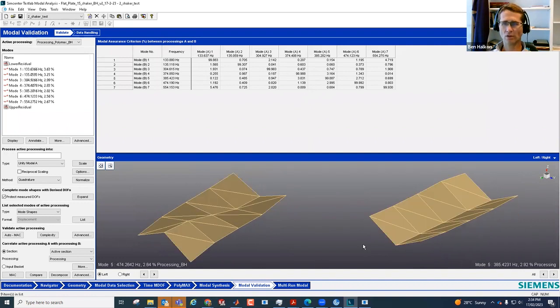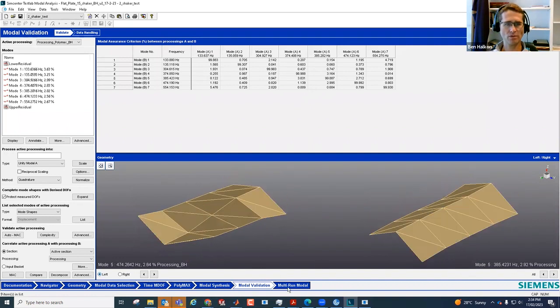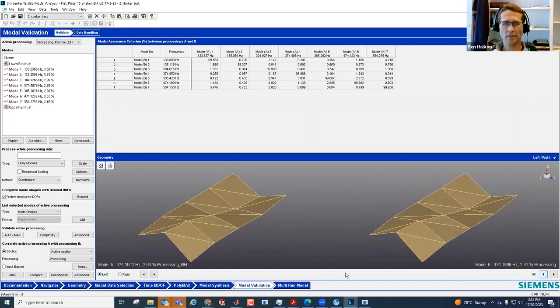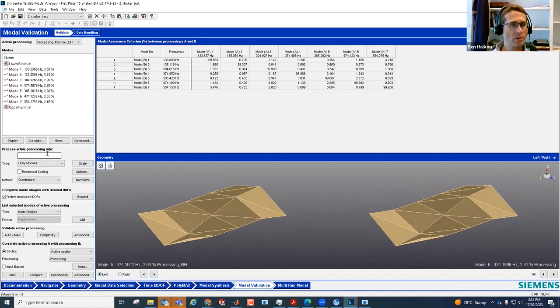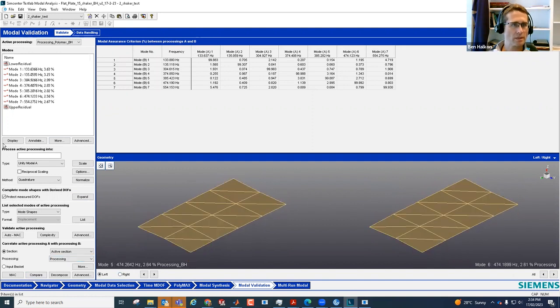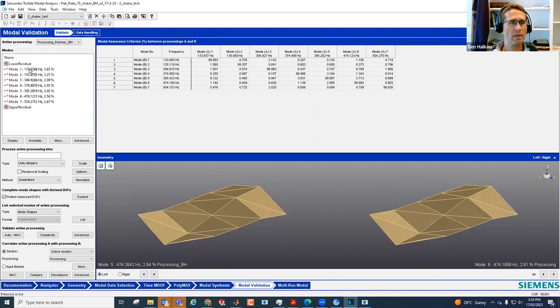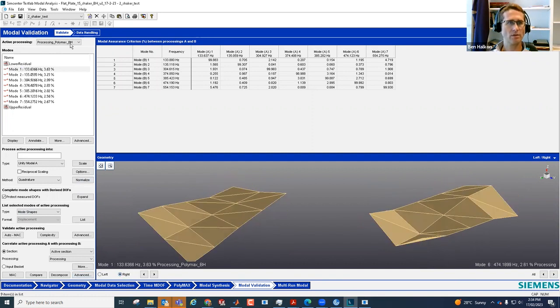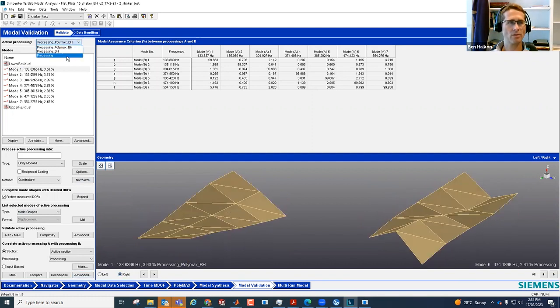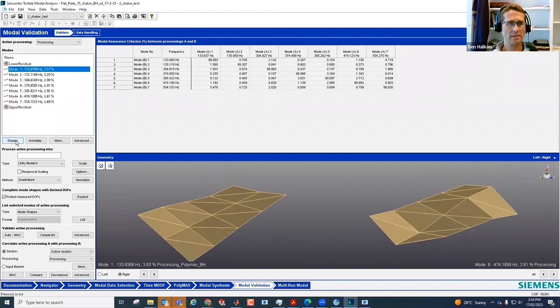I can compare and contrast different modes with one another also for the original processing. So I need to select this one in the display. Let me choose to display this one on the left-hand side. Let me go to the original processing and display that one on the right-hand side.